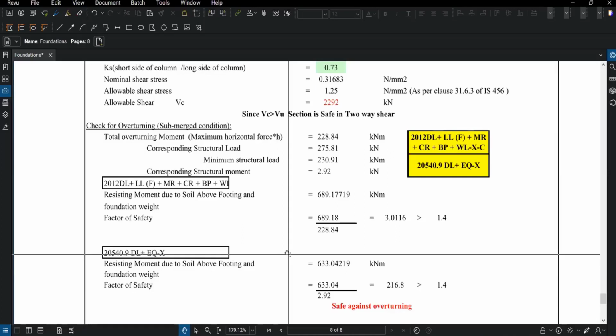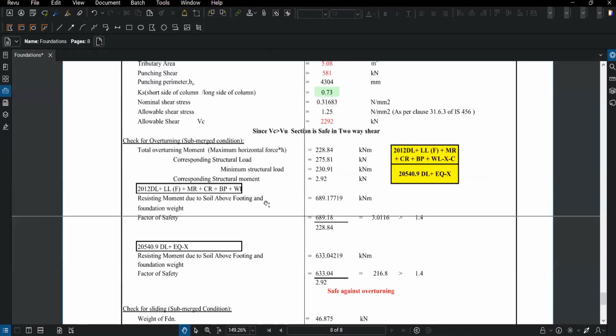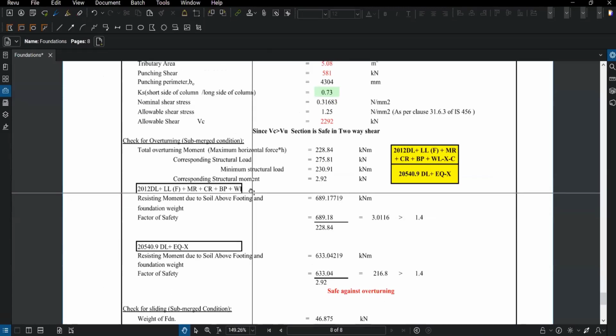Be it a moment from the force exerted by the concrete column, or the horizontal force that is exerted at the top of the concrete column and then creates the moment at the base of the raft. It's a pretty basic calculation with horizontal moment, and that needs to get counteracted by the vertical load that is coming on top of the foundation.